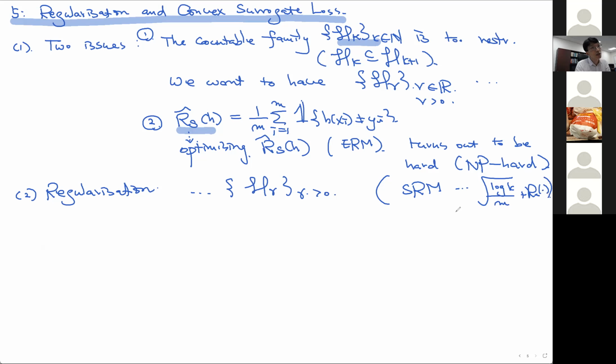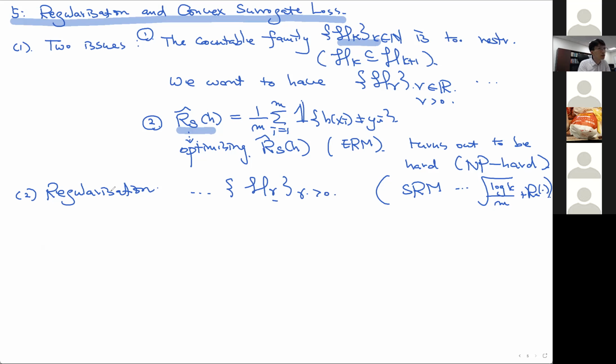Just like in SRM, we want a quantity that's related to this gamma. So regularization changes the optimization objective so that we do the model search, picking the right gamma, and the appropriate hypothesis in that hypothesis set at the same time.